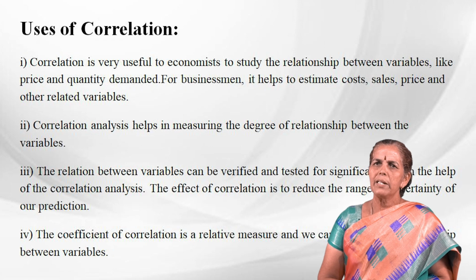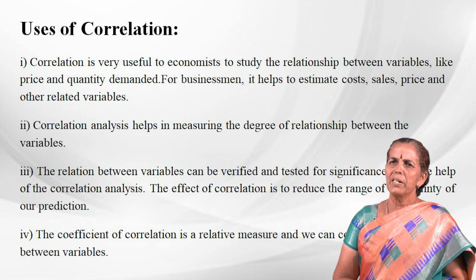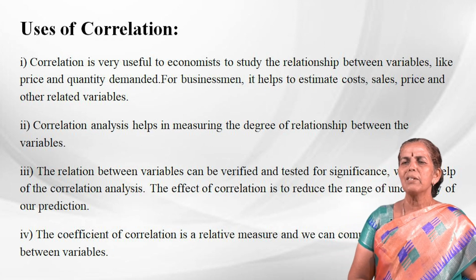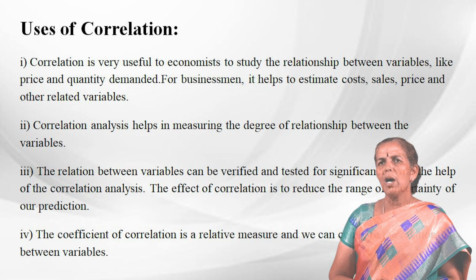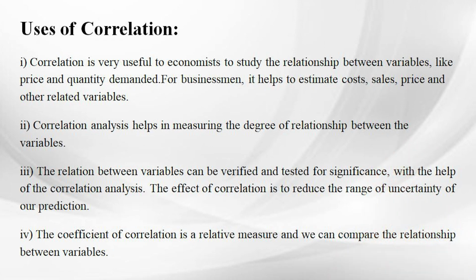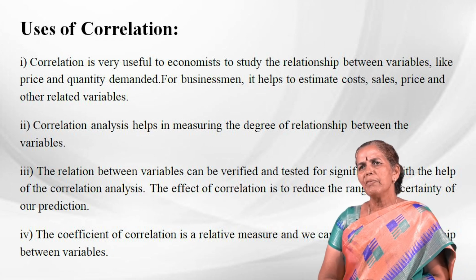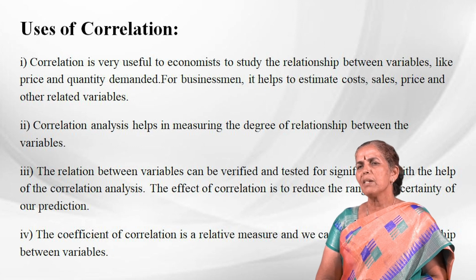Number 3, the relation between the variables can be verified and tested for significance with the help of correlation analysis. The effect of correlation is to reduce the range of uncertainty of our prediction. Number 4, the coefficient of correlation is a relative measure and we can compare the relationship between the variables.